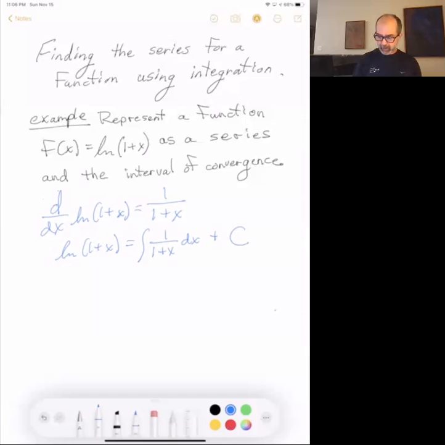The reason being that now we can focus in on our function 1 over 1 plus x. That's really similar to something that we have seen before. Namely, if we remember by using the geometric series idea that a over 1 minus r is going to be equal to something, we have our pretty standard series 1 over 1 minus x equals the sum from 0 to infinity of x to the n.